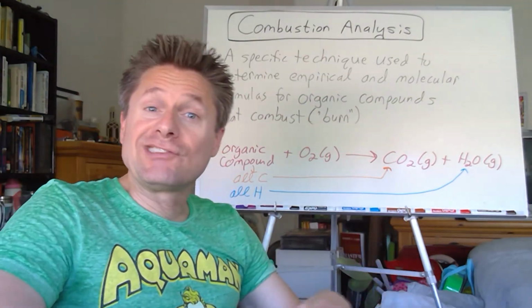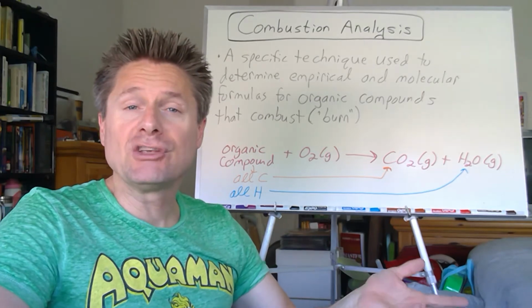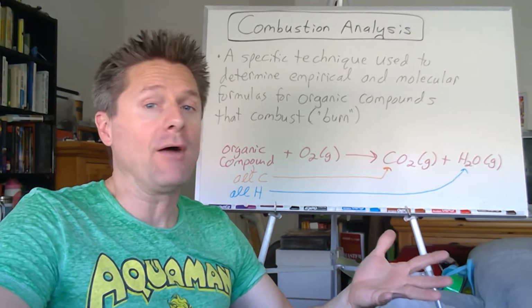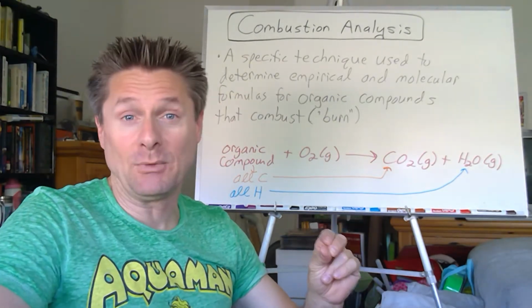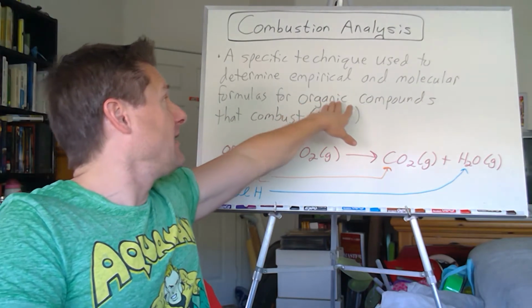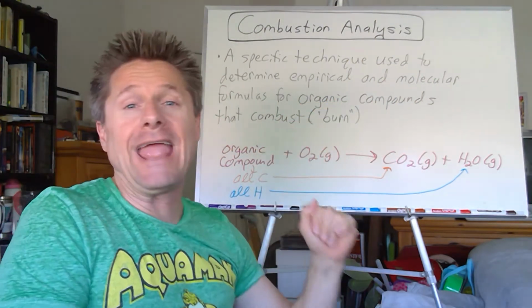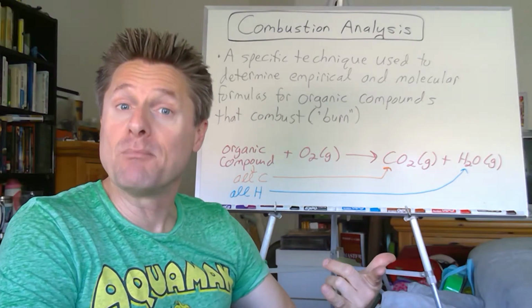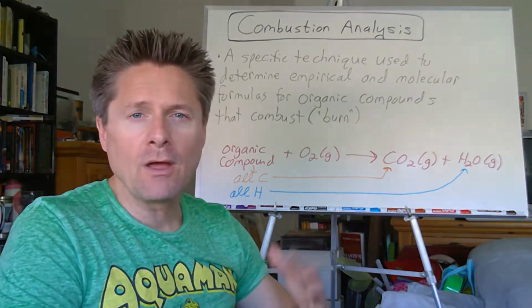Combustion analysis is just another way to figure out the composition of some kind of compound. Now, these compounds have to be a specific type. They have to be combustible. We must be able to burn them, right? And typically, pretty much every problem I've ever done would be some organic compound, which is hydrocarbon-based. It's got carbon, hydrogen, maybe some oxygen in there, other species.